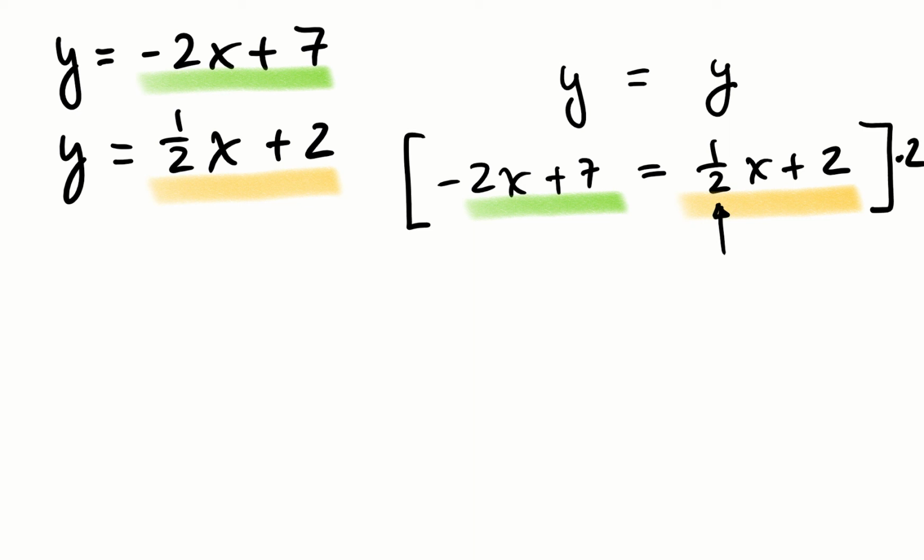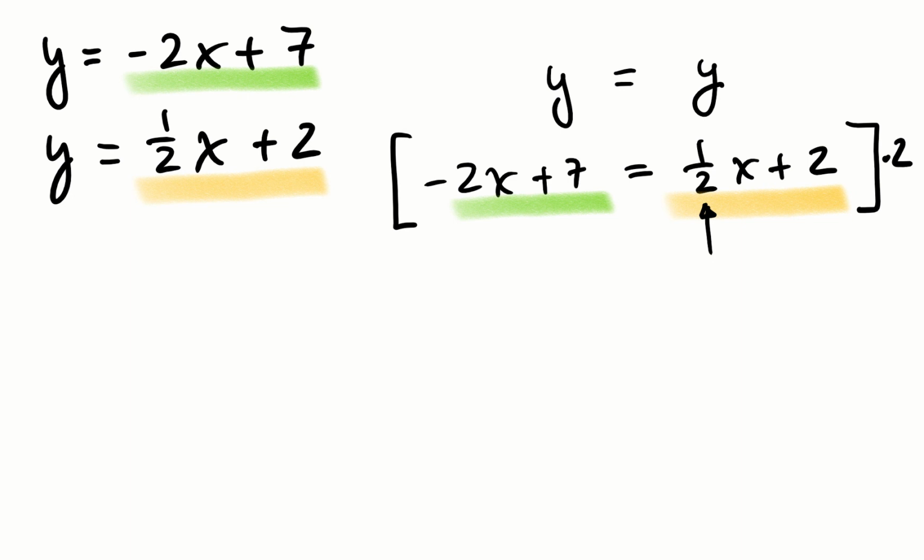In the first case, when I multiply 2 times negative 2x, it becomes negative 4x plus 2 times 7 will become 14 equals 2 times 1/2 is 1. That just becomes x. And you can see why it busted that fraction, right? When I multiplied 2 times 1/2, it eliminated the denominator. I'm left with just x, and then plus the number 4.